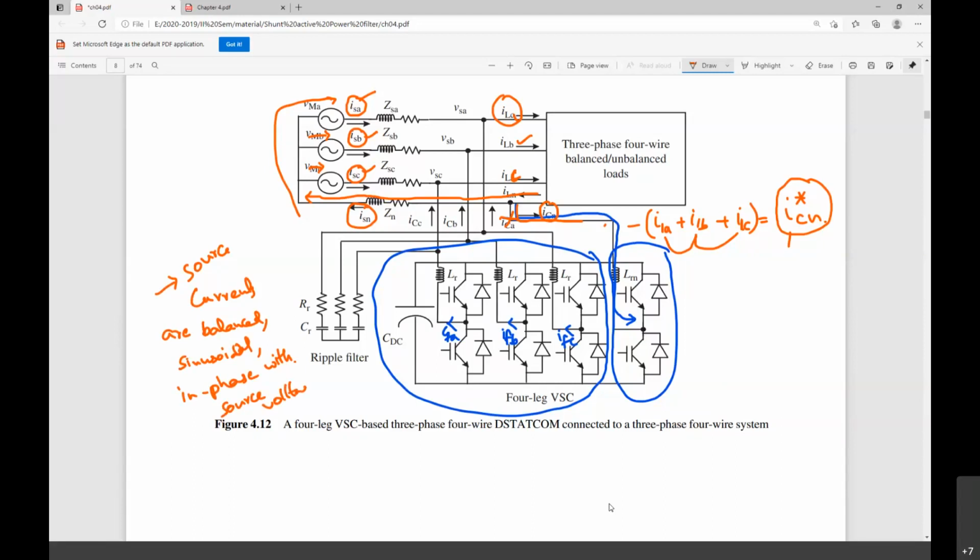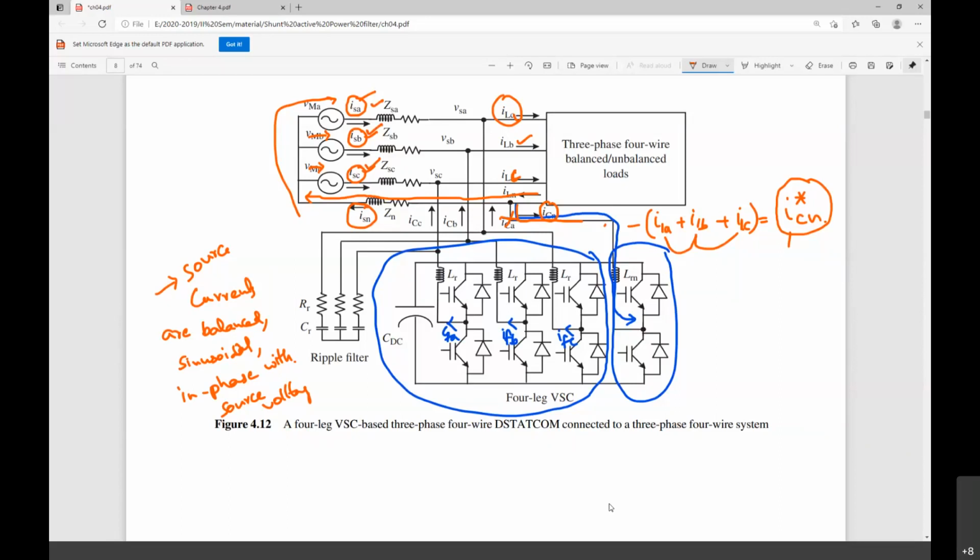These are the requirements. In a three-phase four-wire system, when you don't have the fourth leg, obviously the source currents ISA, ISB, and ISC are not balanced. We are not able to improve the source current quality.